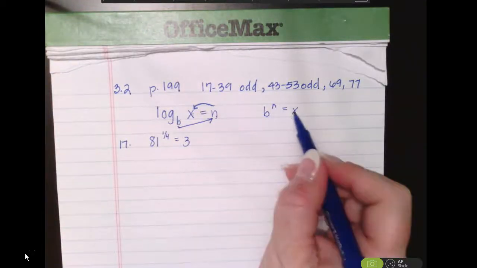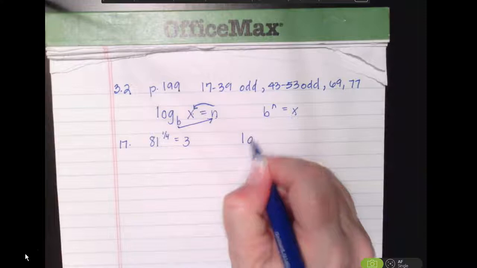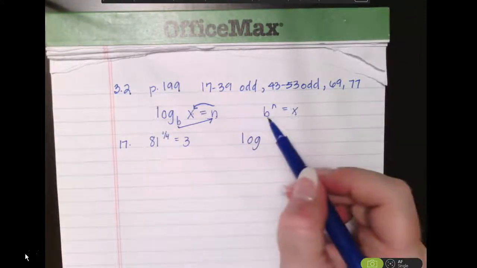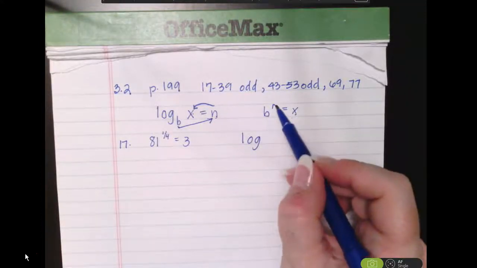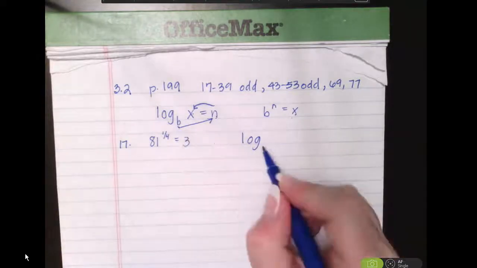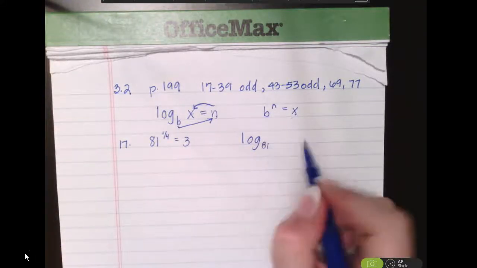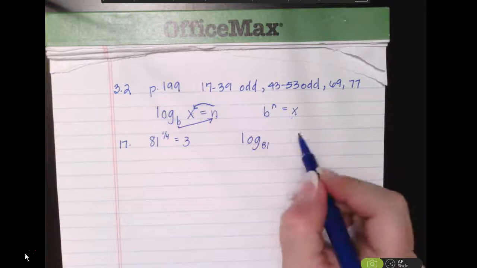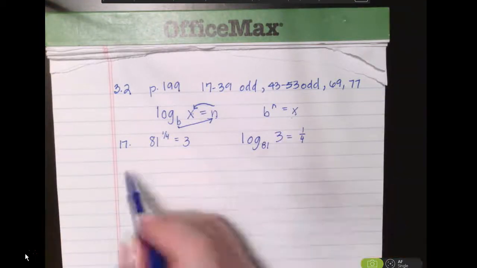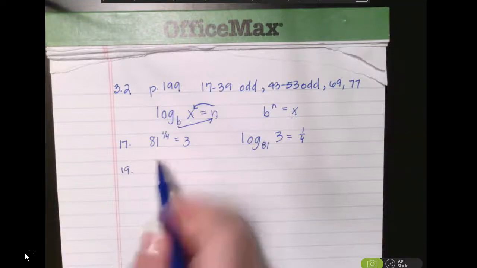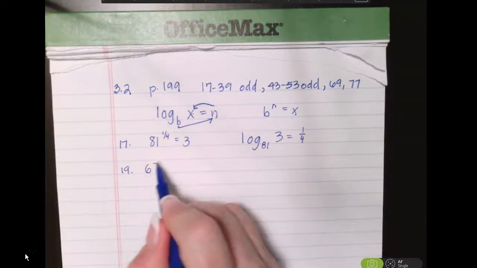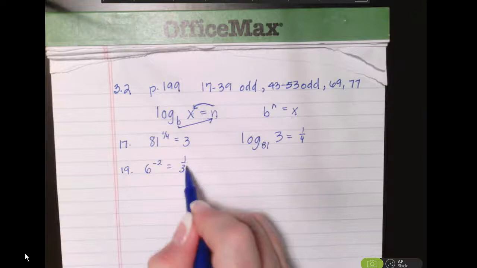So that's in exponential form, so I want to change it into logarithmic form. So b to the n equals x, so my b comes down here. So my log base 81 to the 1/4 power equals 3. In number 19, 6 to the negative 2 equals 1/36.